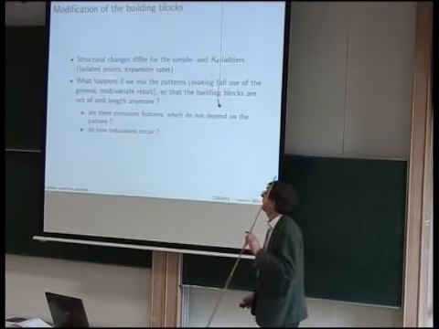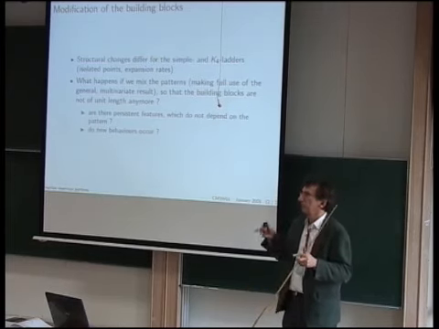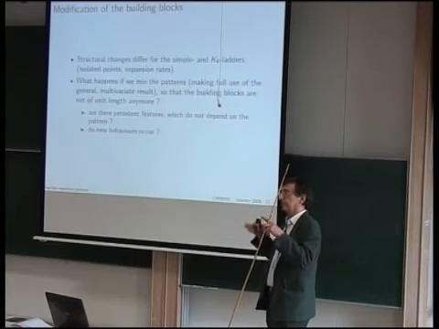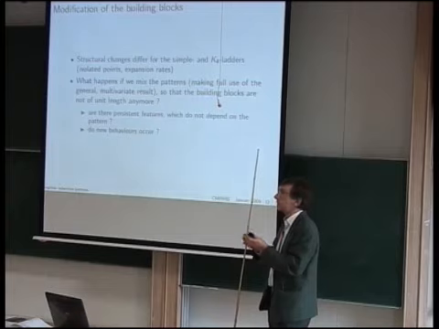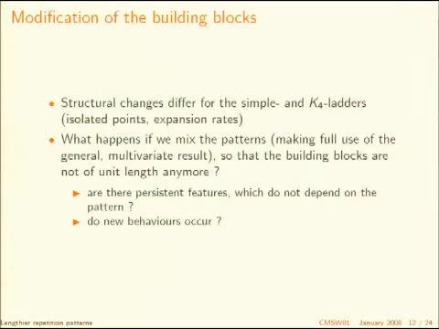So now, what I would like to do is go from multivariate to bivariate. We showed here a very repeated pattern, but what happens if you mix these patterns? You are not always obliged to take K4, K4, K4, K4, C4, C4, C4. So if you change the repetition pattern, are there persistent features, or does something else occur?